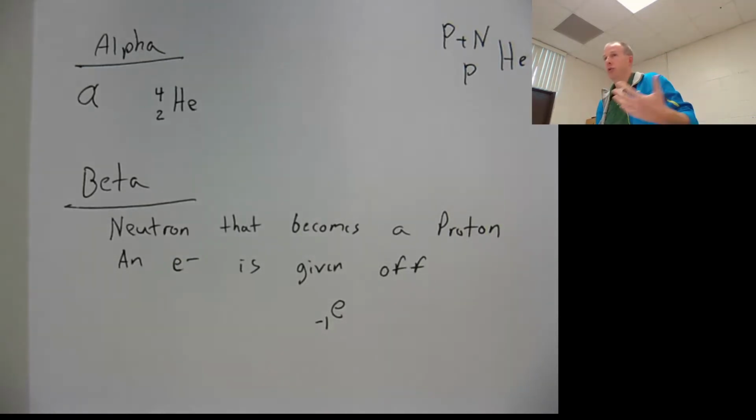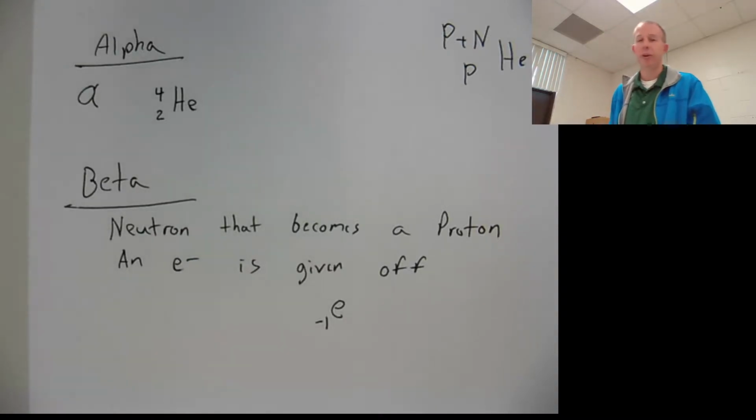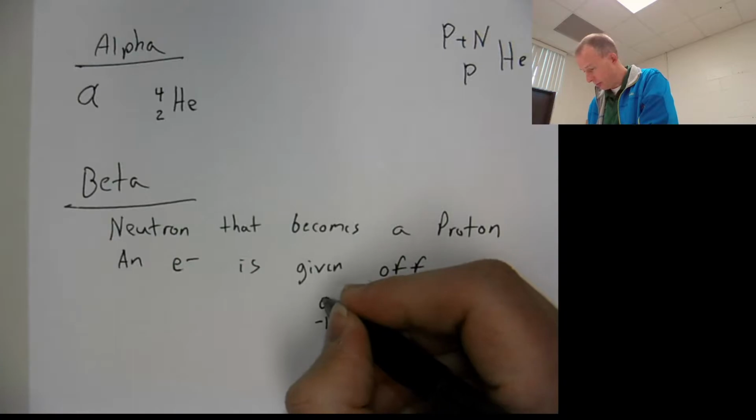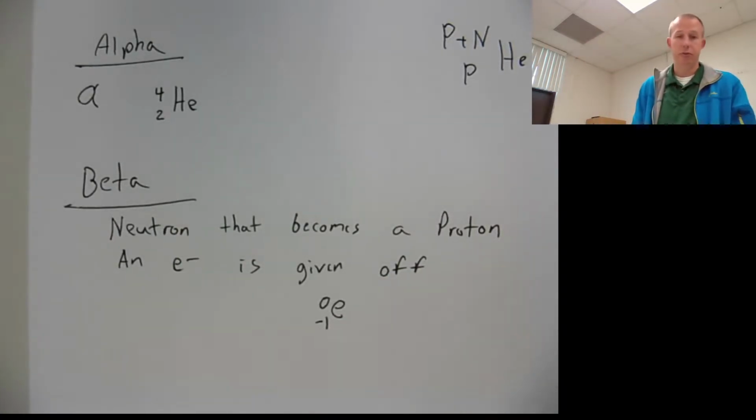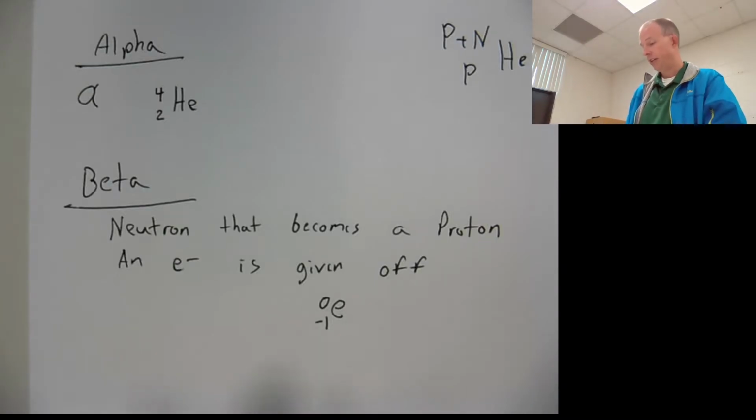You can't make a proton disappear. But this is simply a way of showing, for balancing, the electron's -1 charge. That's just how it's written sometimes. And then you'll have a little 0 up above there because there is no actual mass number. I'm not a big fan of this, but you will see this.